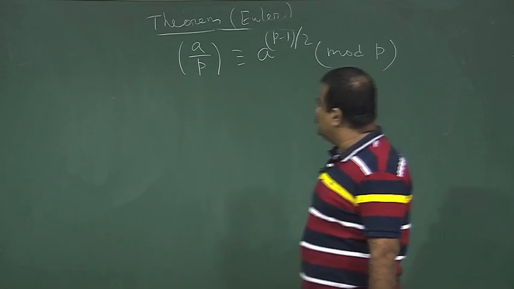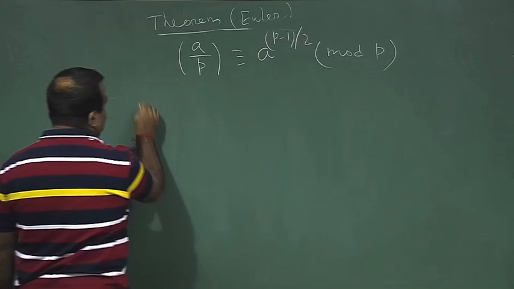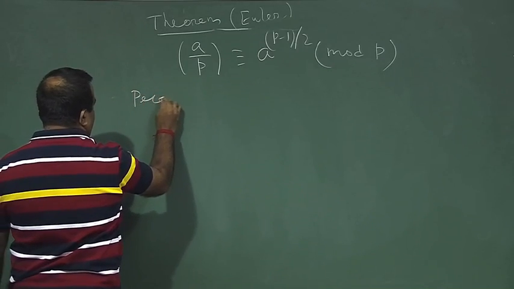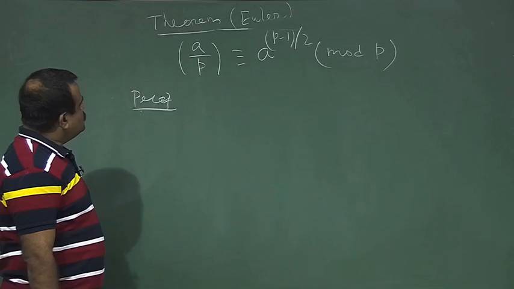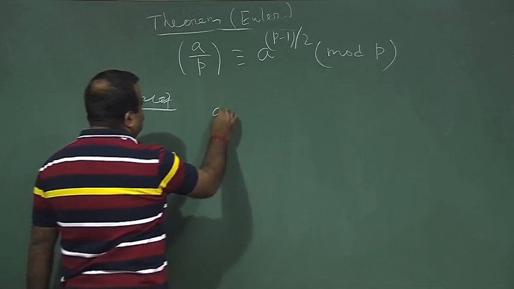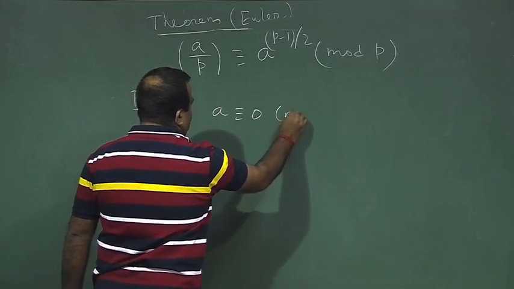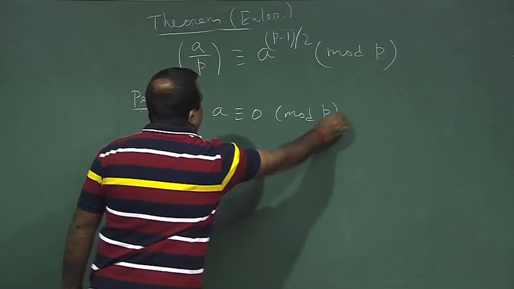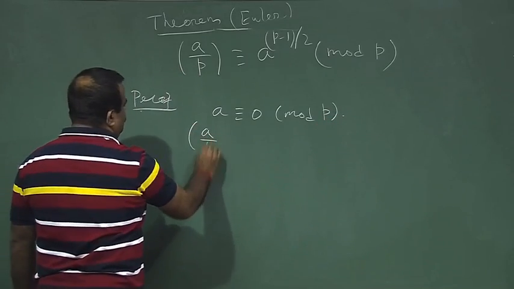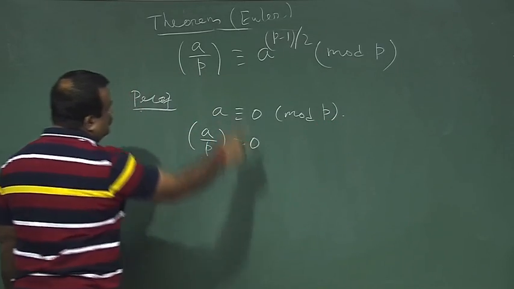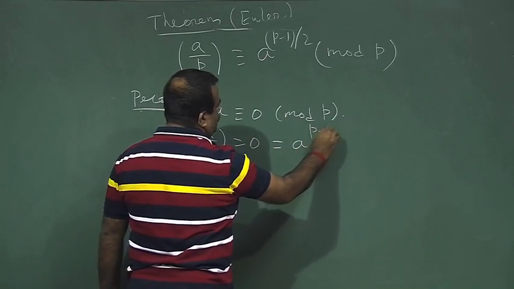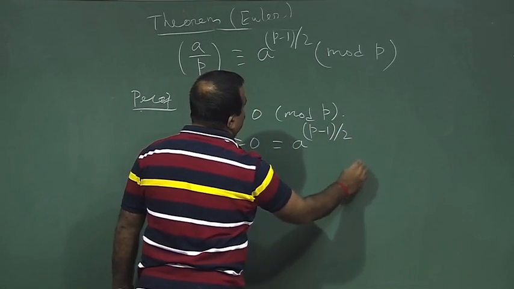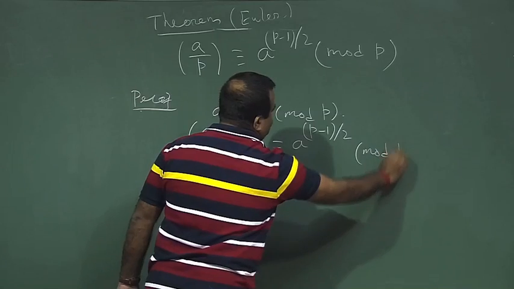So, now how to prove this theorem? To prove this theorem, if a is congruent to 0 mod p, that means a is a multiple of p, then we know (a/p) is 0, and it is also easy to show that in this case a to the power (p − 1)/2 mod p is also 0.